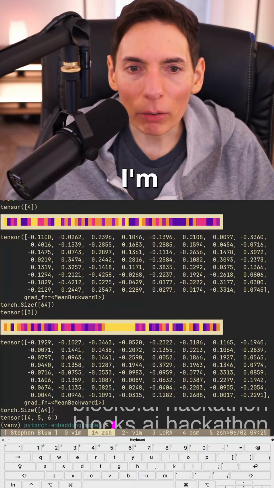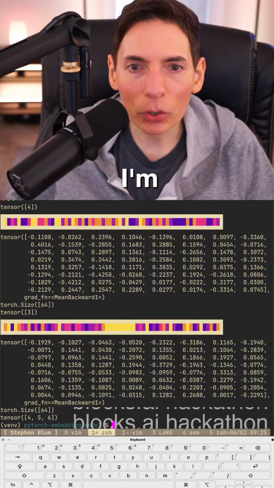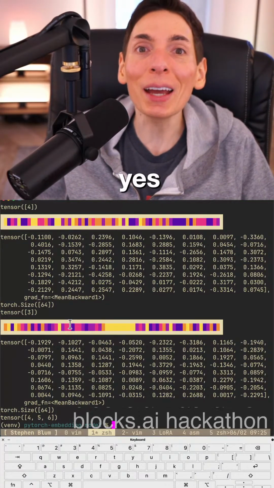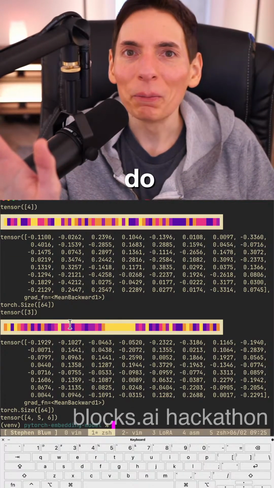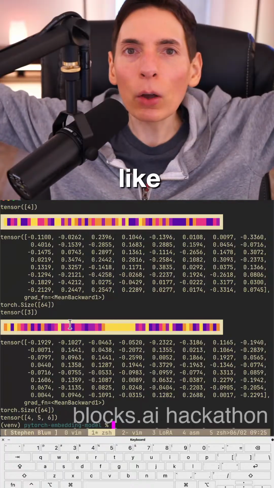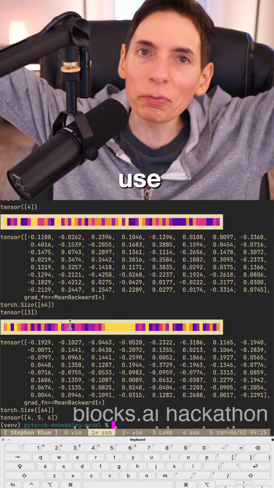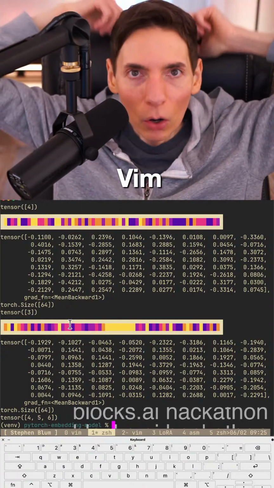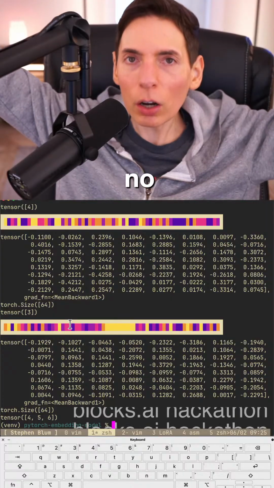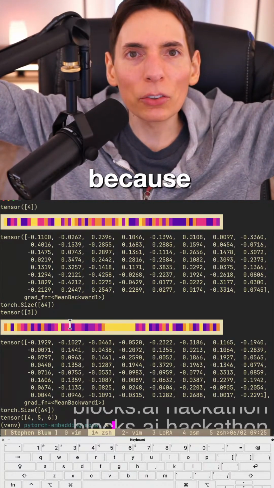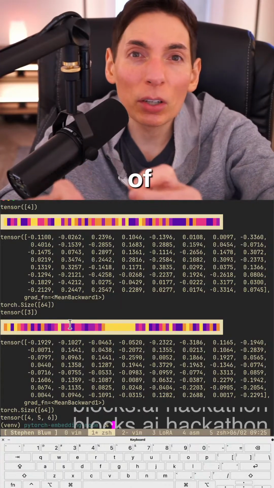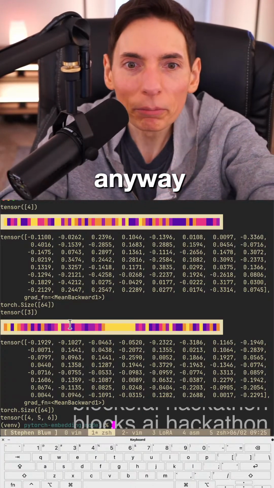Thanks. I'm probably not going to be able to switch because I'm too used to VS Code. Yes, use the IDE that makes you happy. That's all you got to do. You don't have to hear, oh, you should use Emacs. Oh no, you should use Vim. Oh no, you should use NeoVim. What about all these other ones? Like, no, just use whatever makes you happy. It doesn't matter that much because you only spend less than 10% of your time typing on the keyboard anyway.